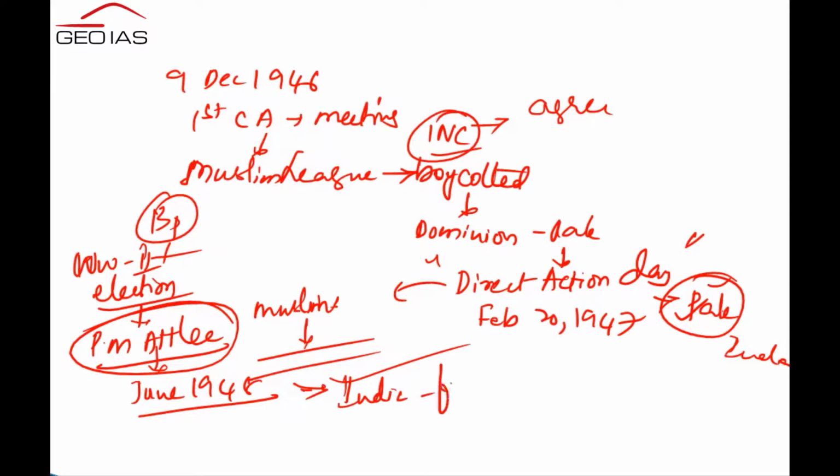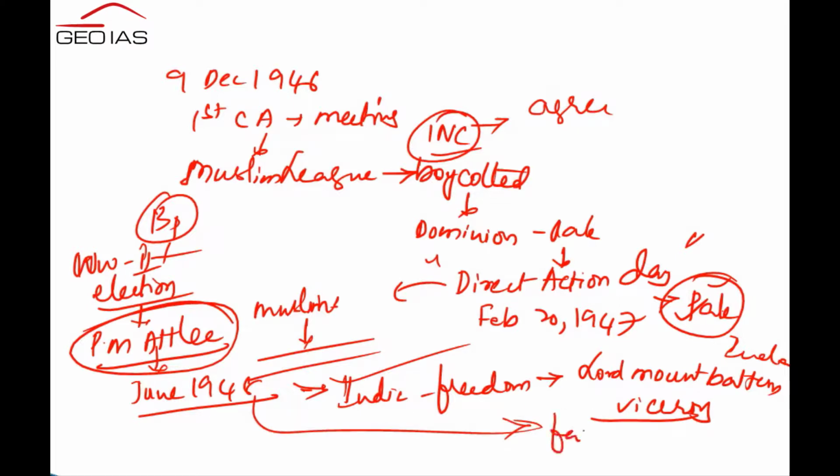So they sent a separate member called Lord Mountbatten as the last Viceroy of India, to hasten the division of the country and the granting of independence.